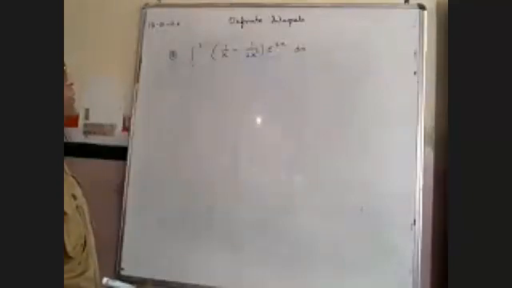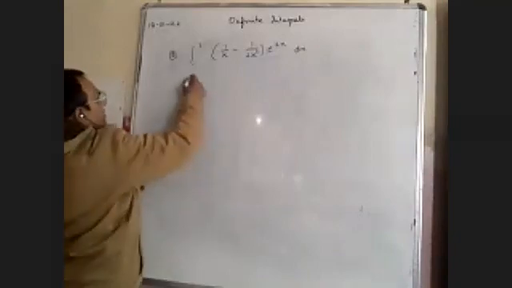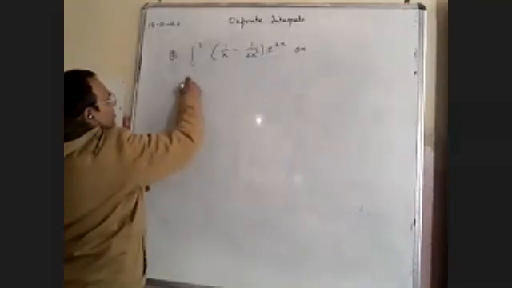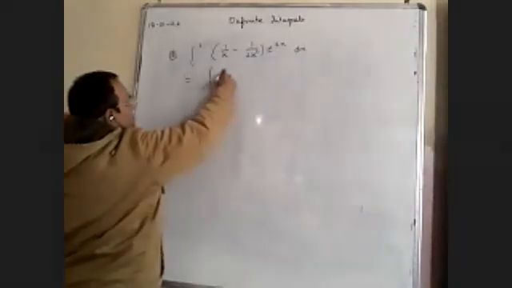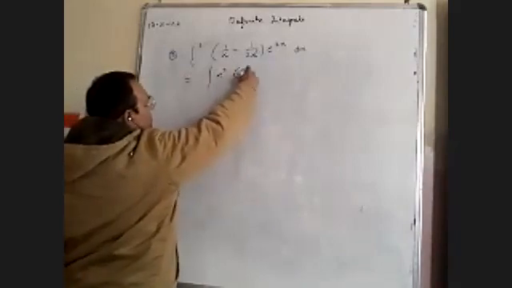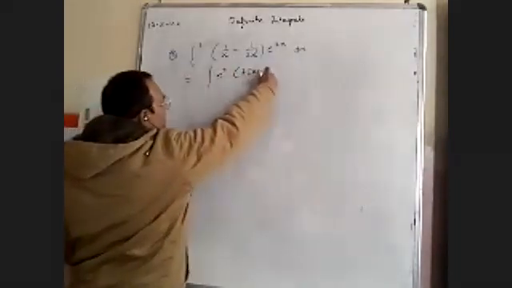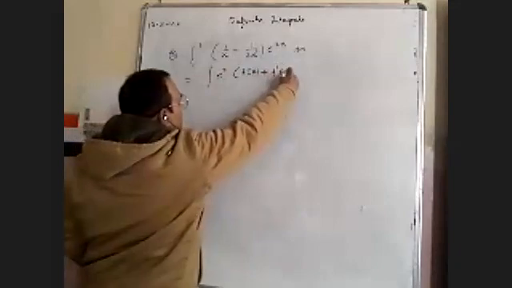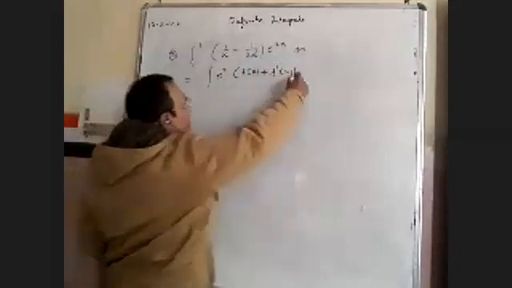If we divide by 2 also, then you can directly write it in the form e to the power x, fx plus f dash x dx.